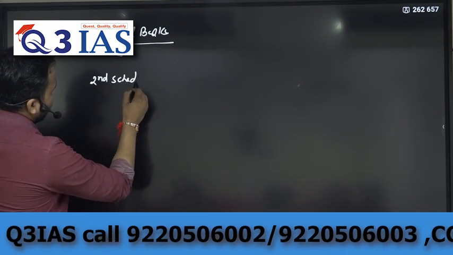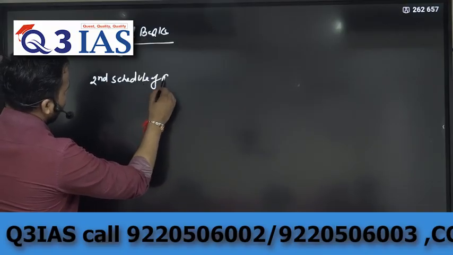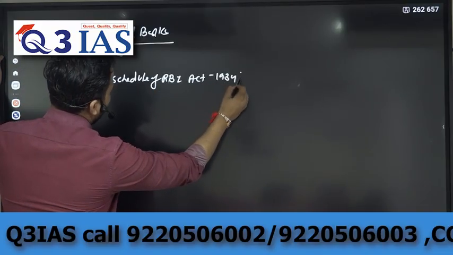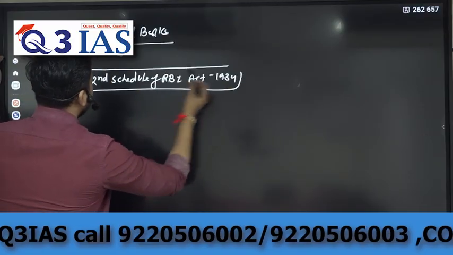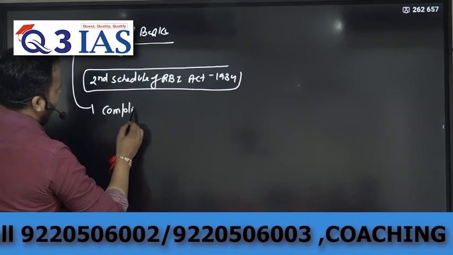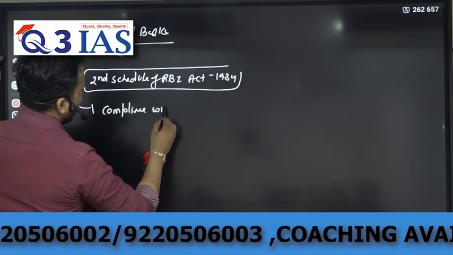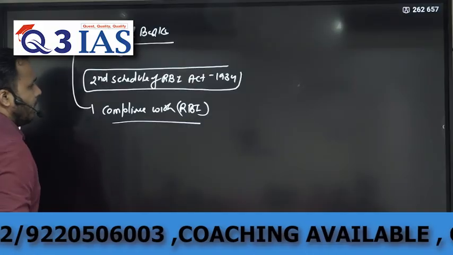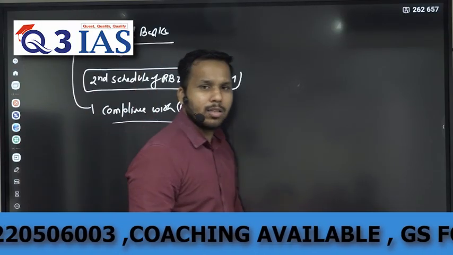So according to scheduled banks, banks which are mentioned in the second schedule of the RBI Act 1934, what is the meaning of it? It means they have to comply with the RBI. Yes or no? Compliance with the RBI. They cannot disobey the RBI guidelines.